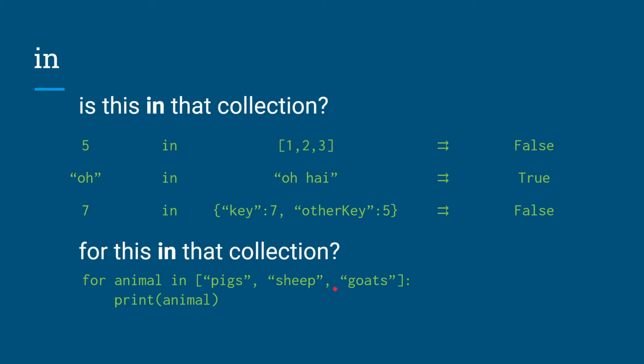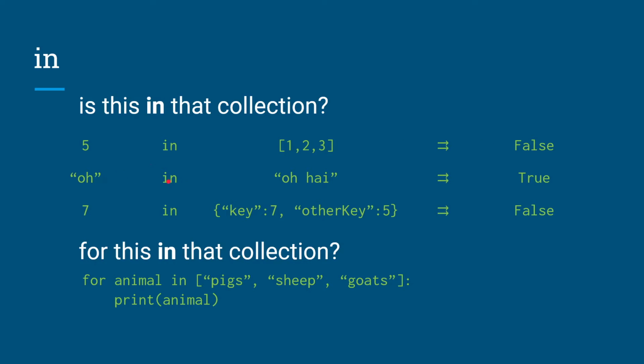What we're interested in here is the other type of in. That type of in is a bit like a Boolean in that it returns a Boolean, but it's not a comparison. It's checking to see if something is in something else. So is 5 in the list 1, 2, 3? And the answer to that is false.